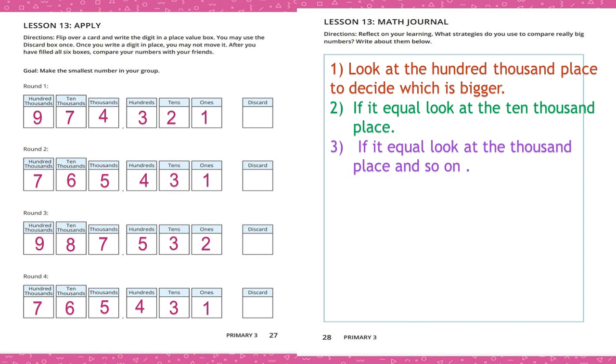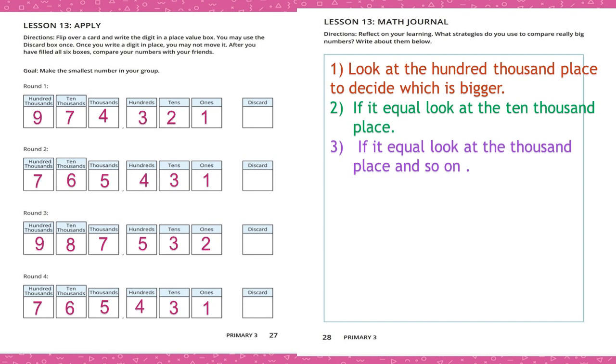The first 6 cards I picked were 3, 4, 7, 2, 9, 1. I'll make the greatest number from them. We try to put the greatest number in the greatest place. Then the greatest number will be 974,321.